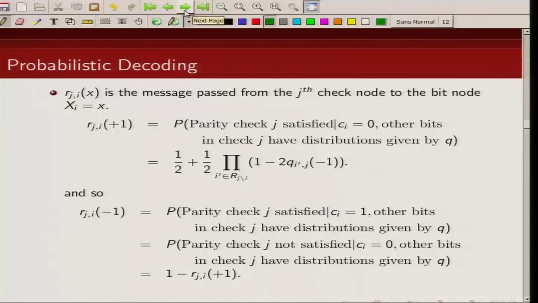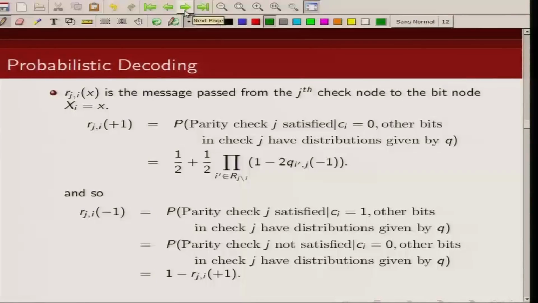As we have said before, we are representing this LDPC code using this Tanner graph, and there are two types of information which are getting propagated. One is one set of messages from the message nodes going to the parity check nodes, and there is one set of messages from the parity check nodes coming back to the message nodes. So, we are denoting by RJI the message which is passed from the jth parity check node to the ith bit.